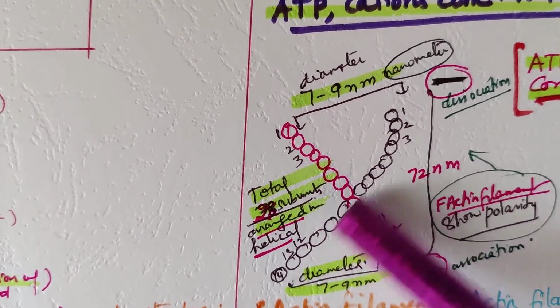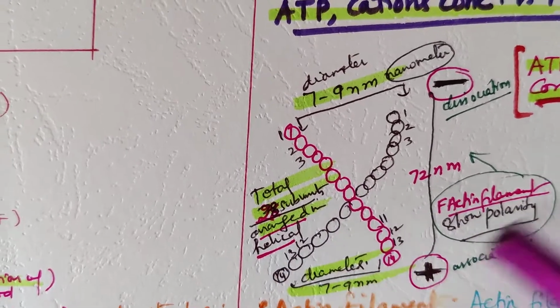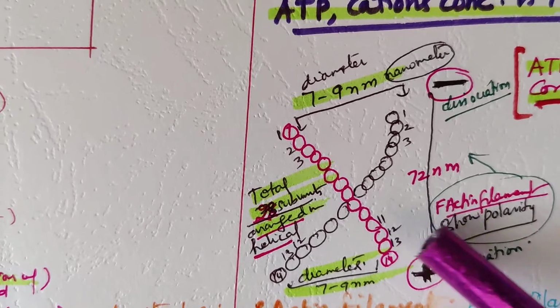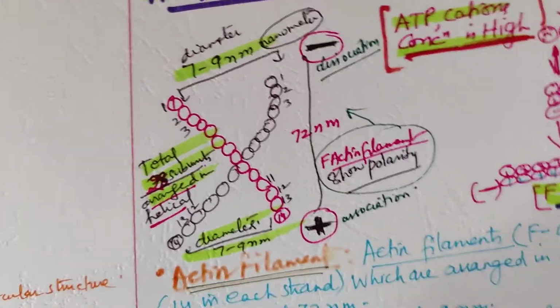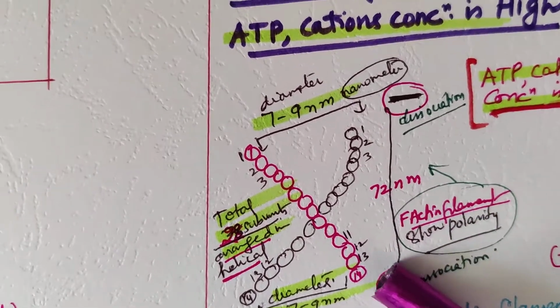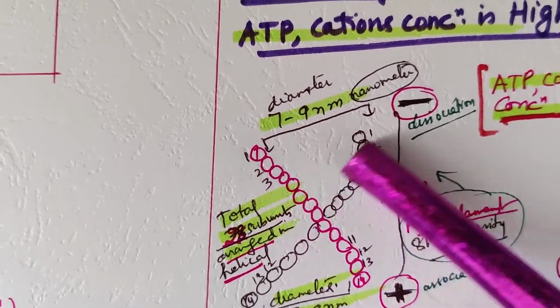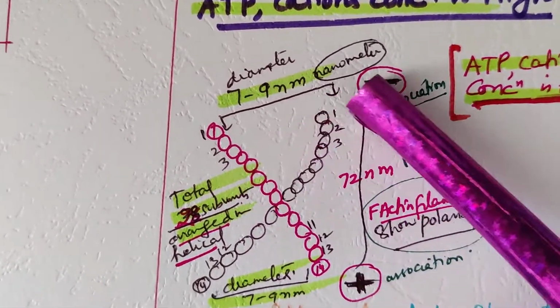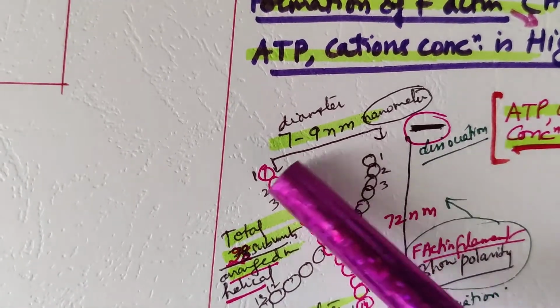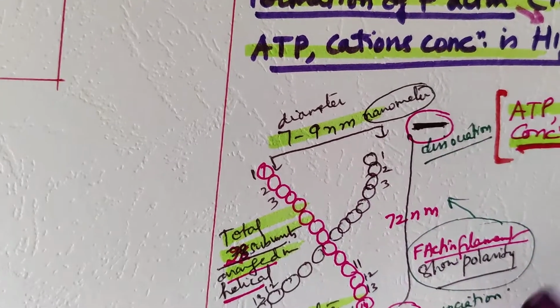Total 28 subunits arranged in a helix. Now what is the distance between this full turn? This is 72 nm, which I just told you, whereas the diameter between these two strands is 7 to 9 nanometers.